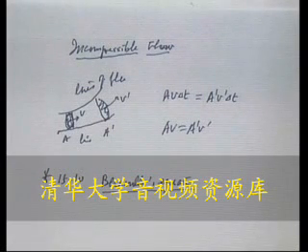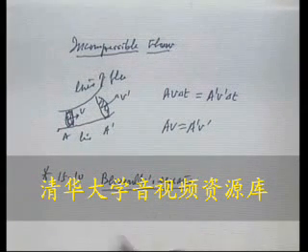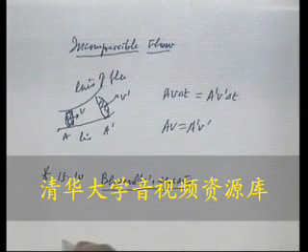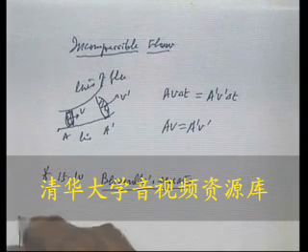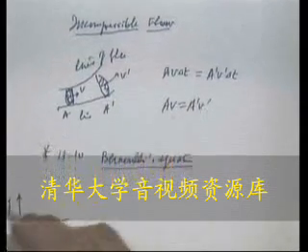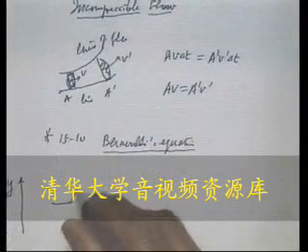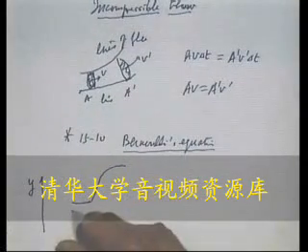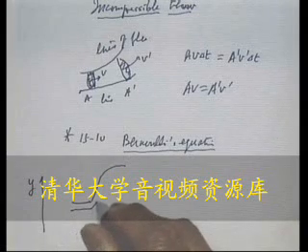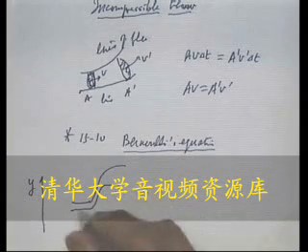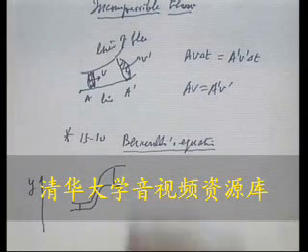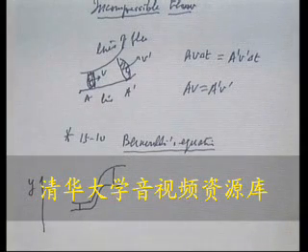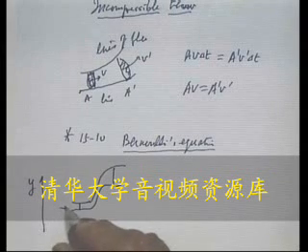And the Bernoulli's equation is something like this. Suppose this is the y-axis, vertical, upwards. Suppose you have a tube which goes this way. Let us consider a flow which goes this way.